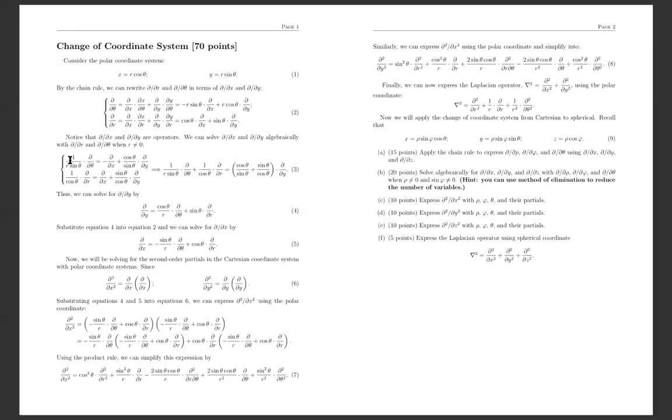In this case, I divided by r sine theta on both sides of the first equation, so that the coefficient before partial x becomes -1.